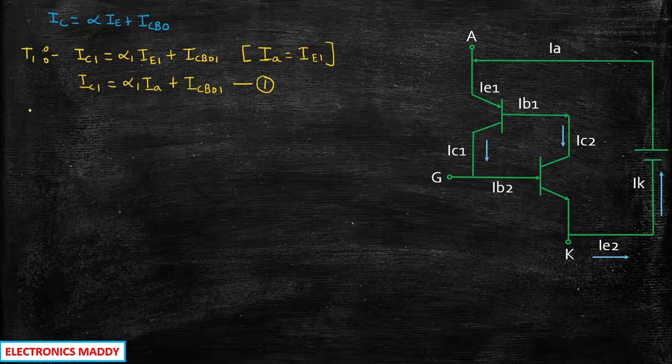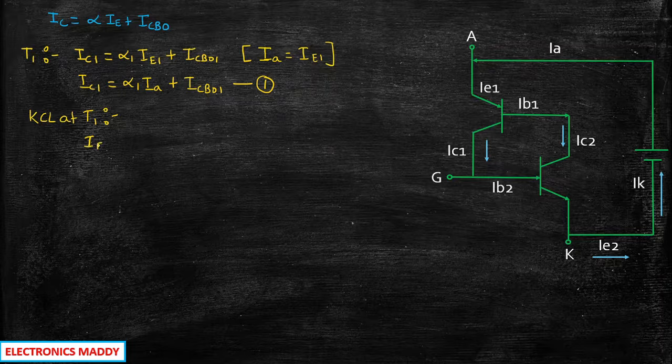Now if you apply KCL at T1, what will happen? We will have IE1 is equal to IB1 plus IC1, isn't it? If you carefully look at this figure, IE1 is actually supplying the current for the base terminal and the collector terminal respectively.